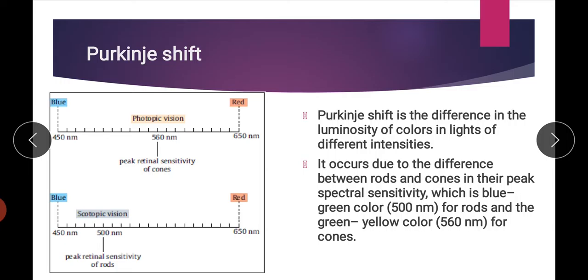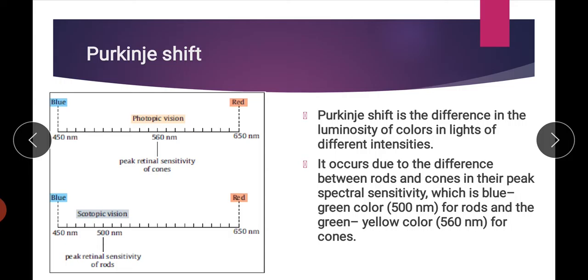While if we look at a red flower at dusk, it appears black. So the blue flower's luminosity increases at dusk, while the red flower's luminosity decreases, and it appears black.